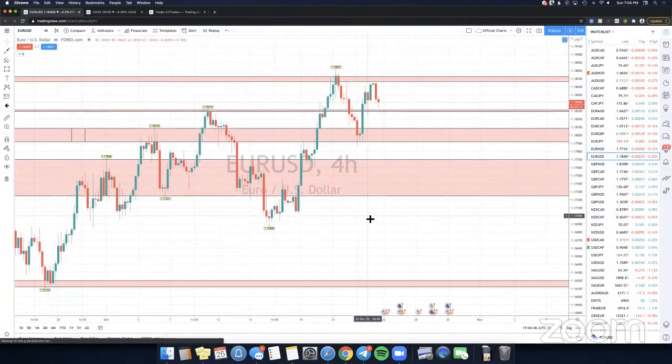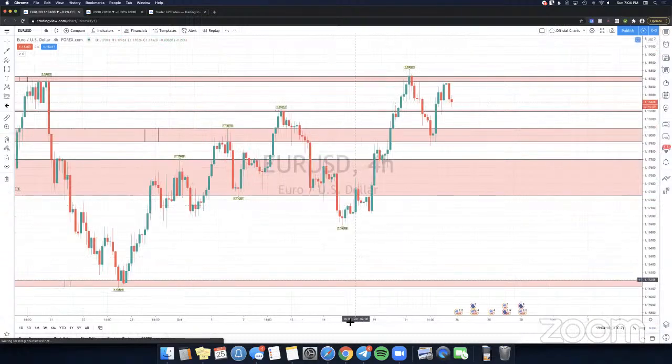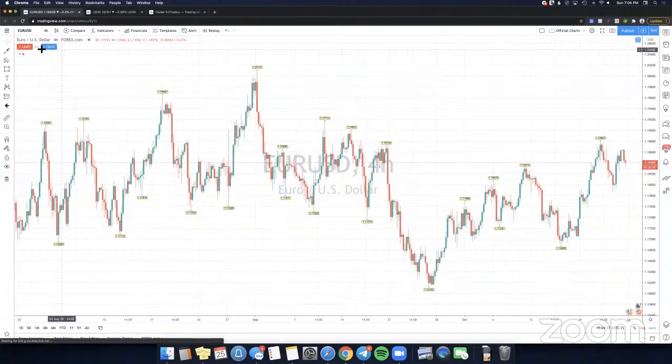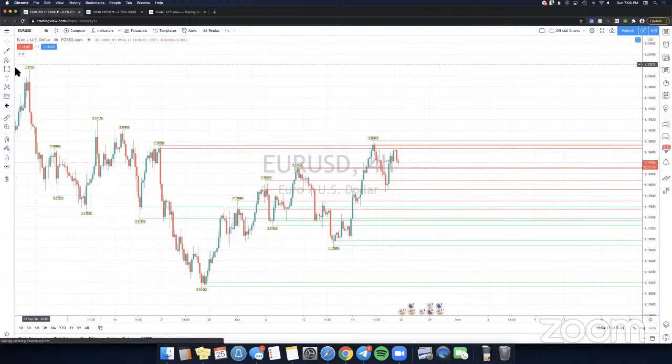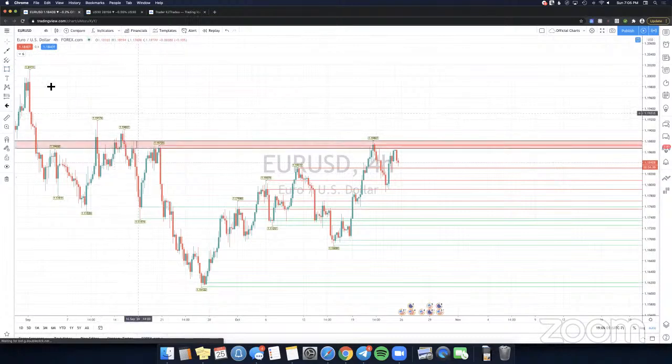Euro USD. This is another one that Brian wants us to look at. So I'm going to go and analyze this from scratch, delete that, turn on the K2SR indicator, and then I'm going to draw these zones right here. Oh, whoops, wrong tool.